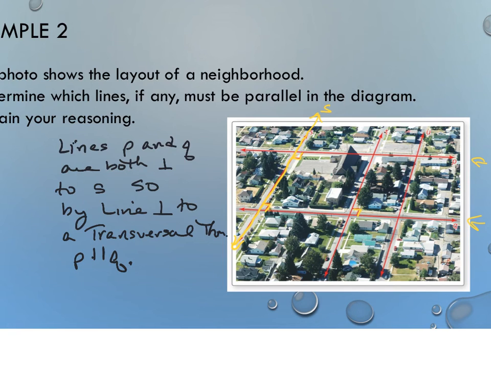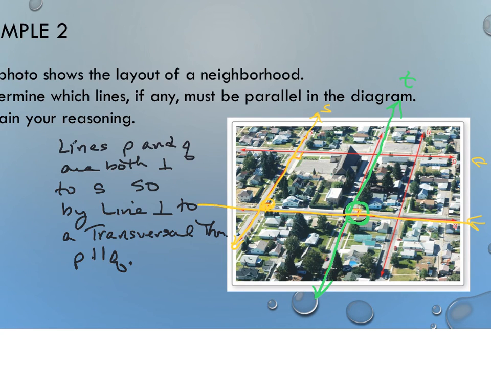And then if I look at it another way, I've also got this other right angle over here. I should do it in green. This one. So then I can also say that S and T, here's T, are both perpendicular to Q, and Q is here.